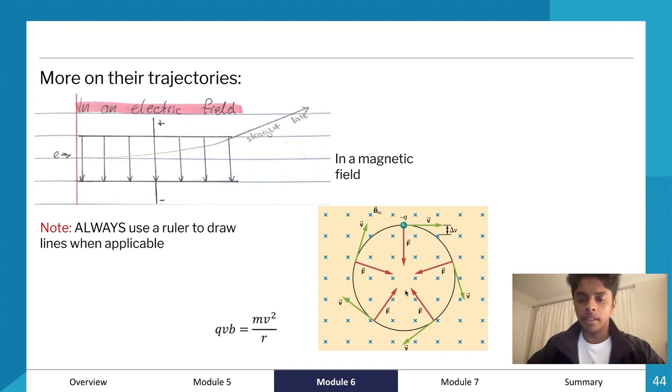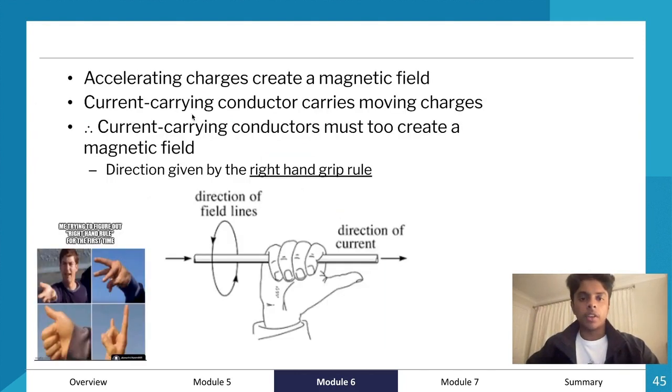But now that the different motions are out of the way, we can move on to accelerating charges. Accelerating charges, as I mentioned before, create a magnetic field. Current-carrying conductors carry moving charges, and therefore current-carrying conductors must also create a magnetic field.